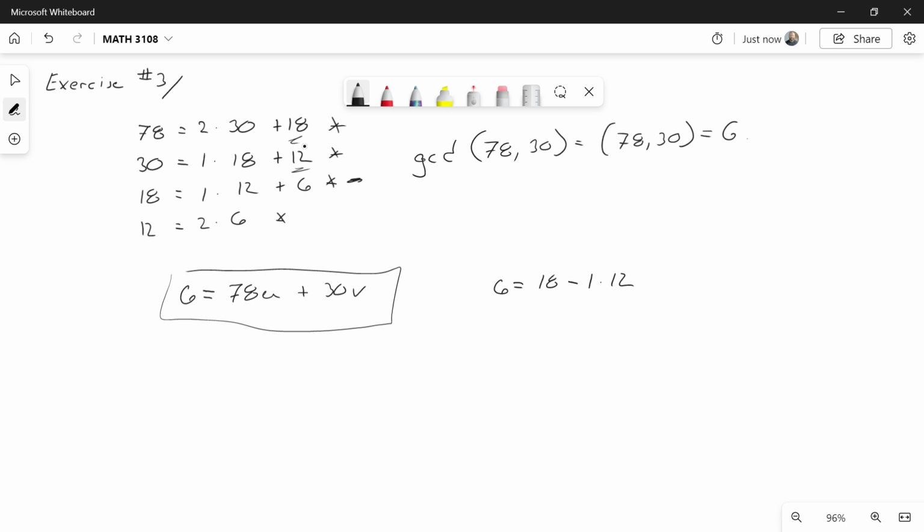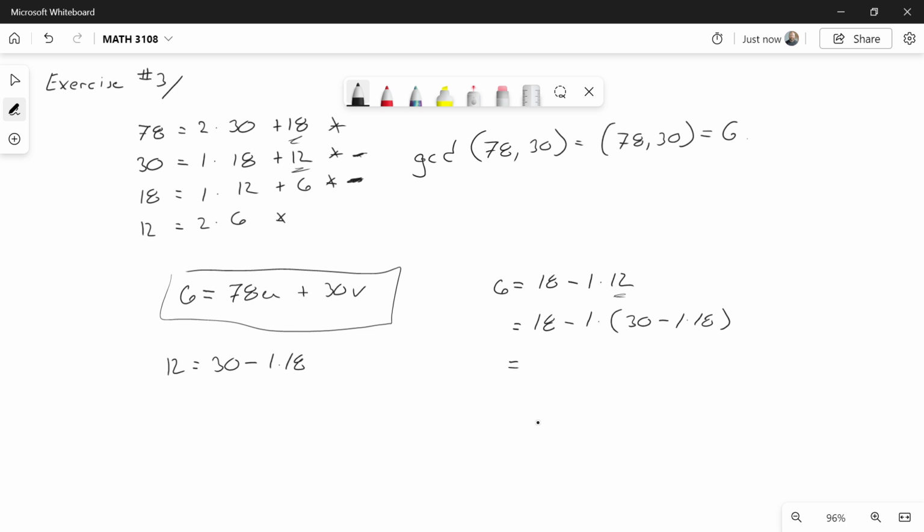In order to get rid of the 12, I'm going to move up one line from the second last line of my algorithm, and isolate that 12. So 12 is equal to 30 minus 1 times 18. I'm going to plug that in. So 18 minus 1 times 12, but 12 is really 30 minus 1 times 18.